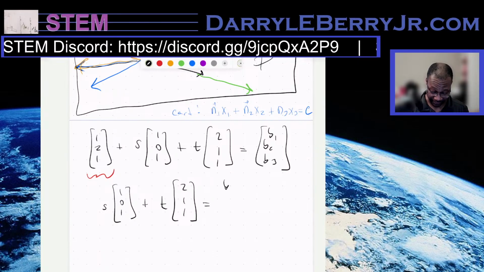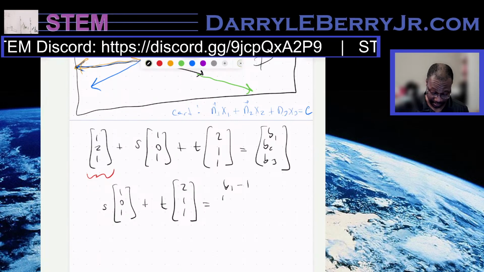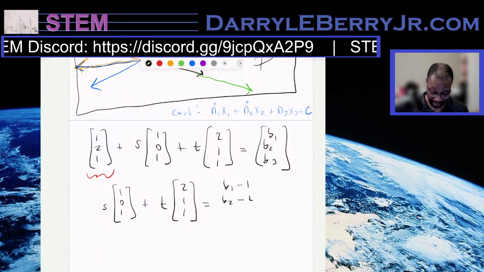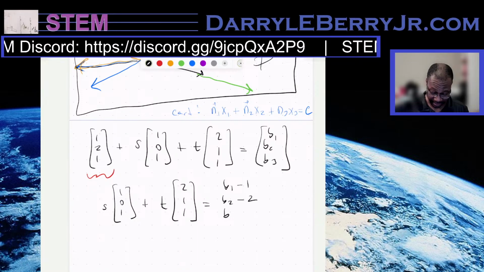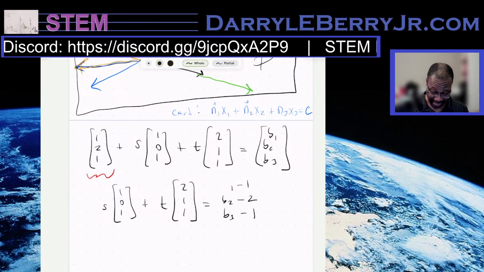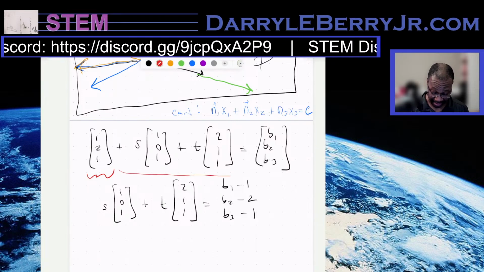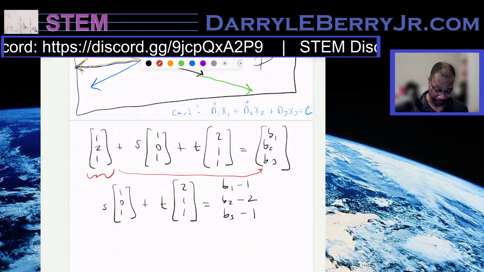So now I'm going to have b1 minus 1, b2 minus 2, and b3 minus 1. All I did was subtract this vector from this side so I could bring it to the other side and make a proper matrix.